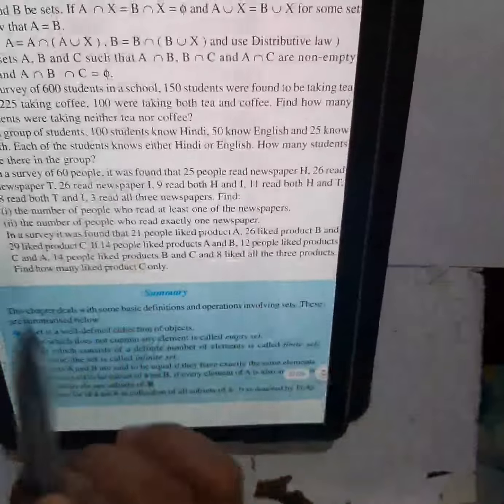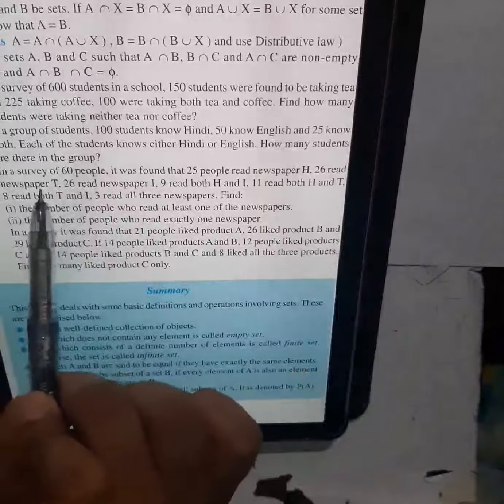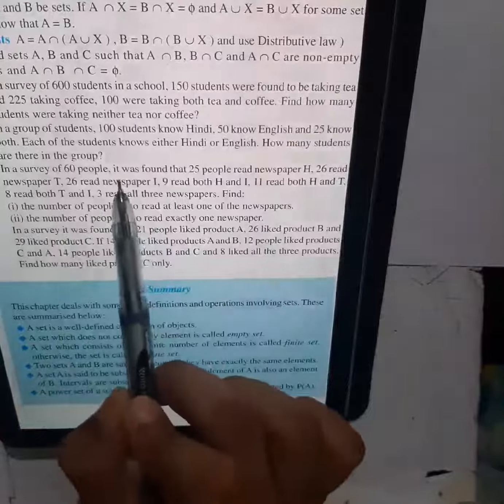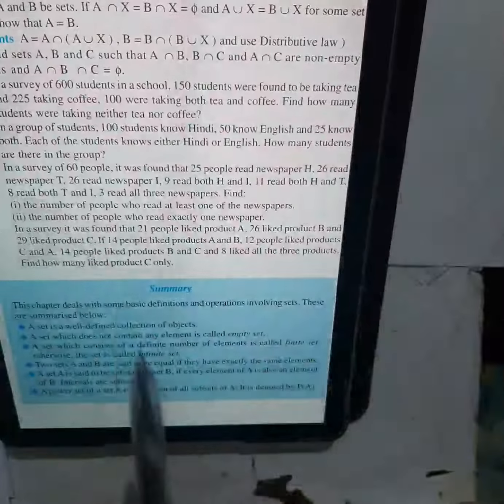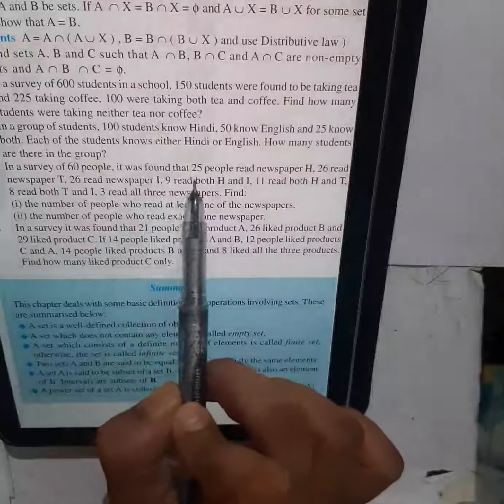Now see here, they have said that in a survey of 60 people, it was found that, so a survey of 60 people means there were total 60 people, right? It was found that 25 people read newspaper H. So let me make a set.